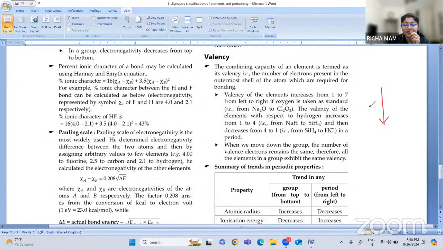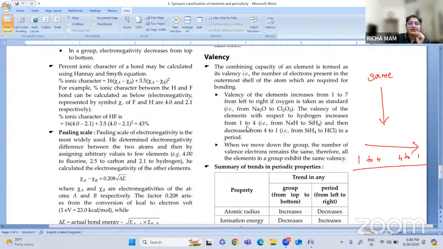In the same group, the elements have the same valency. When moving across the period, it goes from 1 to 4, and then from 4 to 1. So the valency increases and then decreases. This is about valency. Remember, valency is the combining capacity of an element.